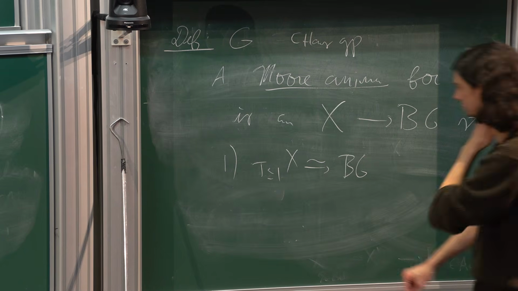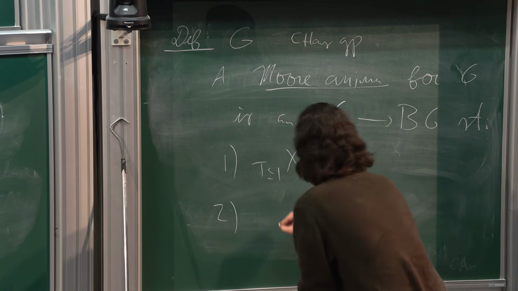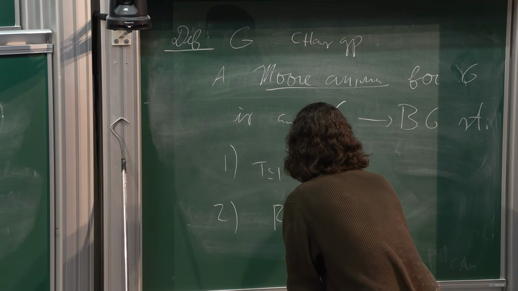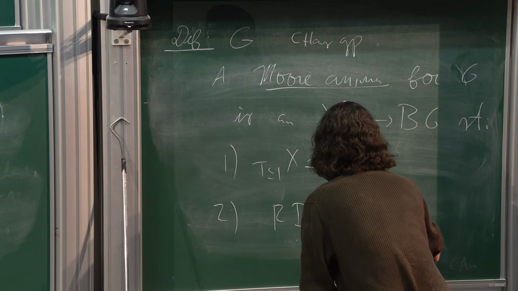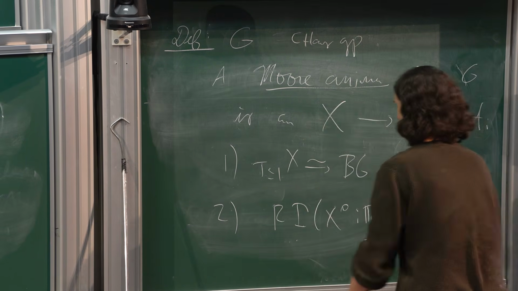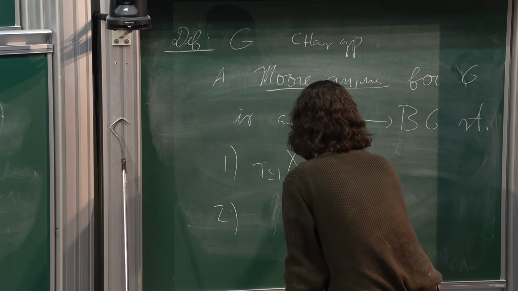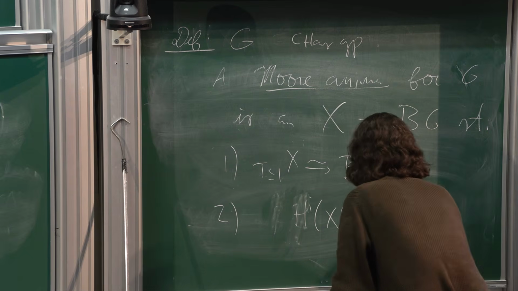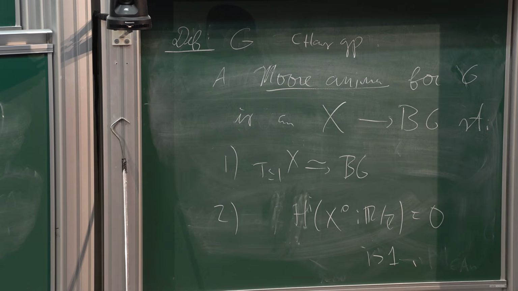And second of all, we want that h i is equal to 0 for all i bigger than 1.